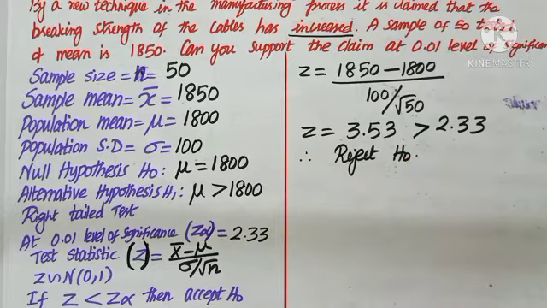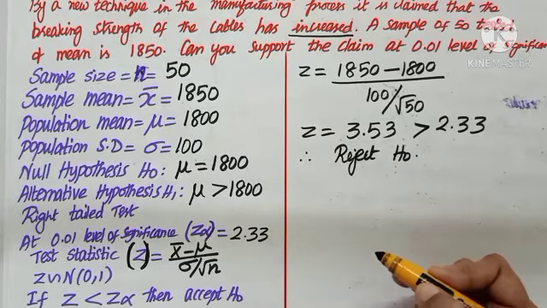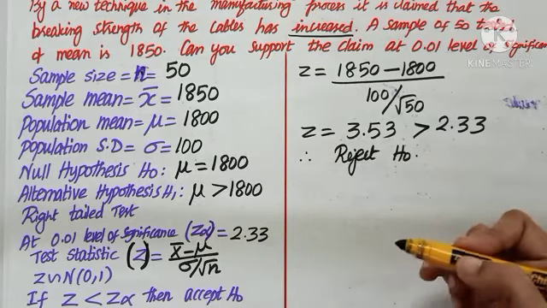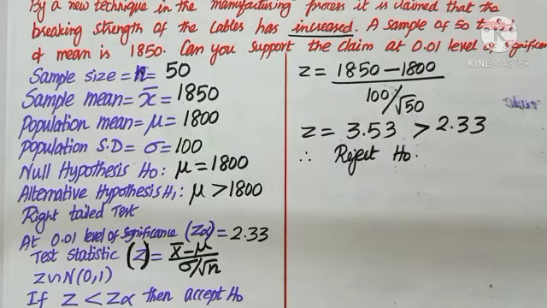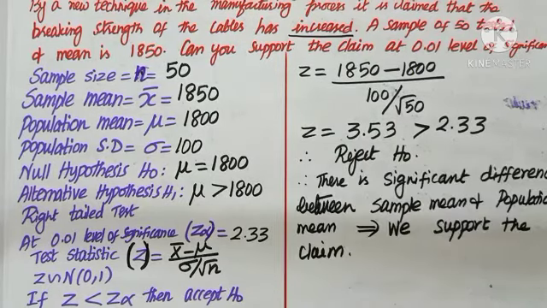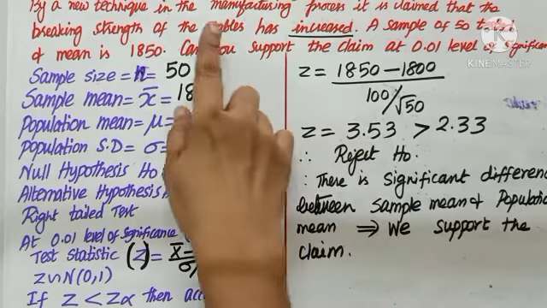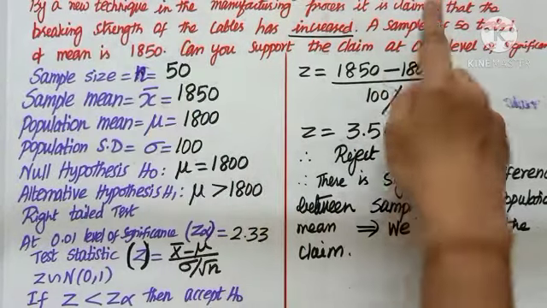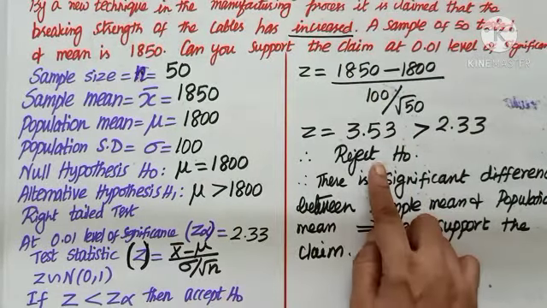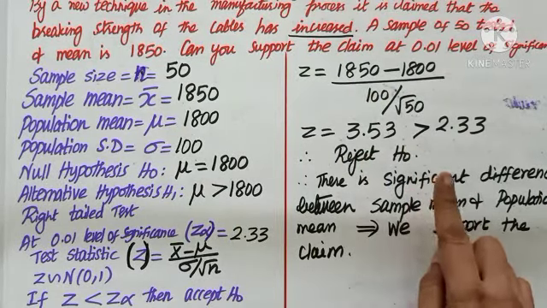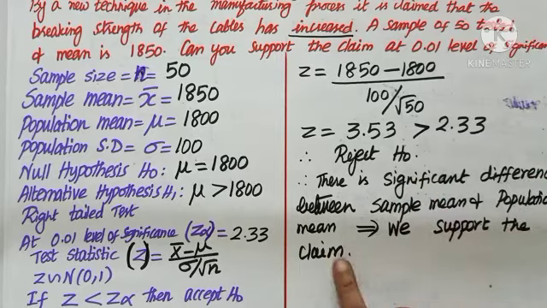If I reject h0, I will say definitely there is a change in the mean, and I will say we support the claim. As we read the problem, by a new technique, they claim the mean has increased. So h0 rejected tells me there is significant difference between sample mean and population mean. So we support the claim, and that is the answer.